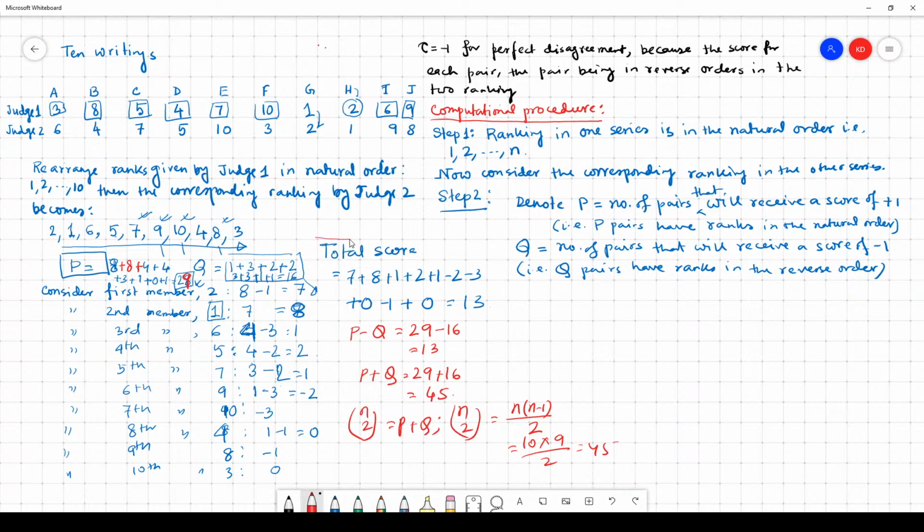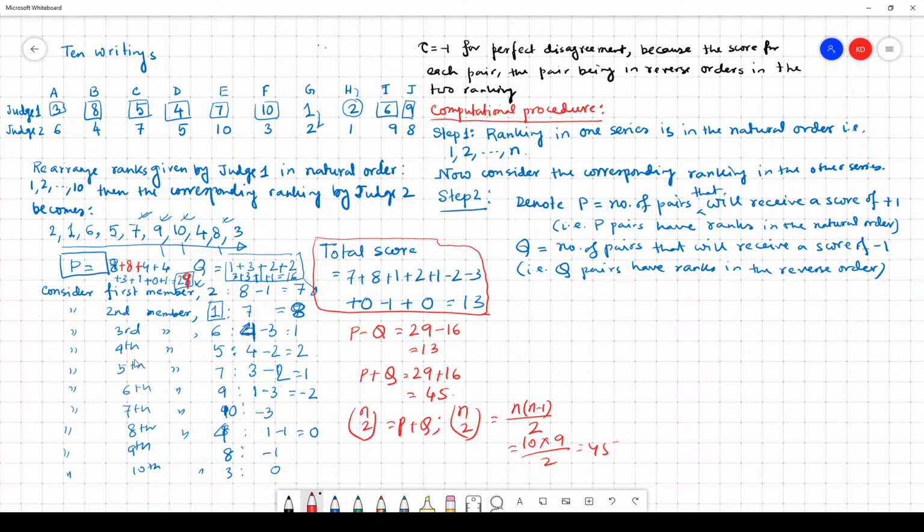So, for computing total score, you just apply this formula. First, you consider the first number, second number, third number, fourth number, and corresponding total scores in the following way, and just compute total score, the sum of all the scores corresponding to each number.